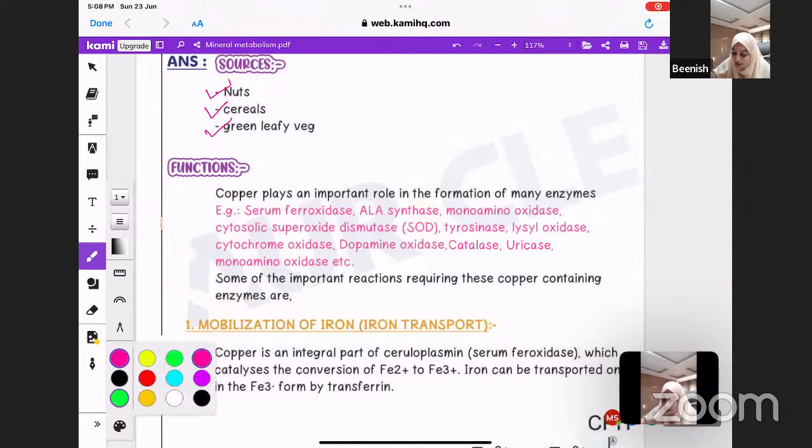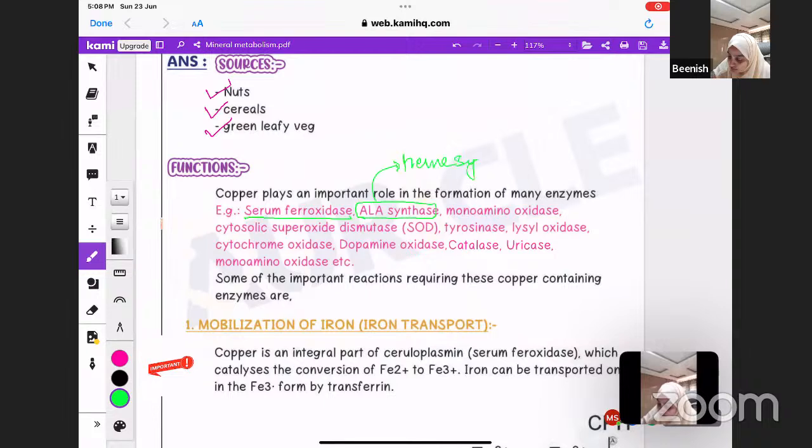Let's have a look at those important enzymes. Your serum ferroxidase, your ALA synthase, very important, it is involved in heme synthesis. Monoamine oxidase, your cytosolic superoxide dismutase, this is involved in free radical scavenging.